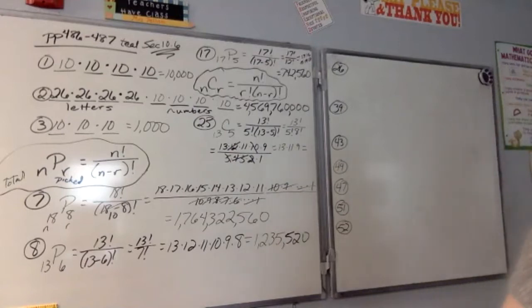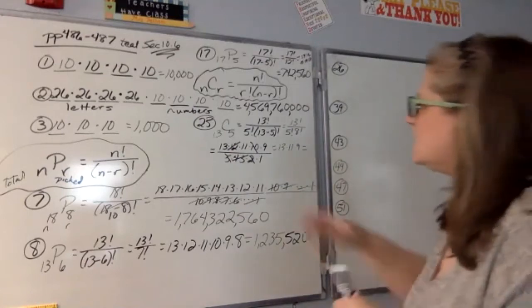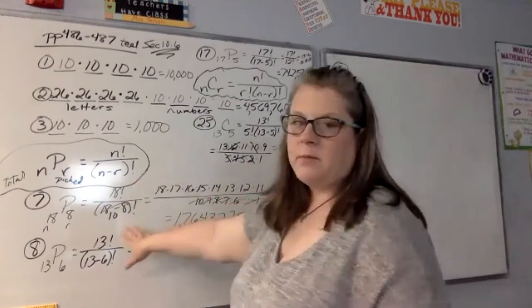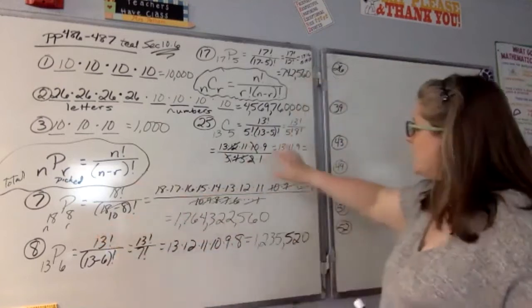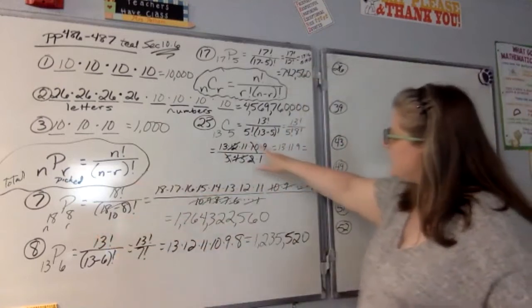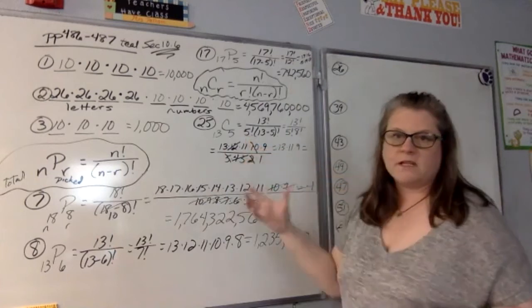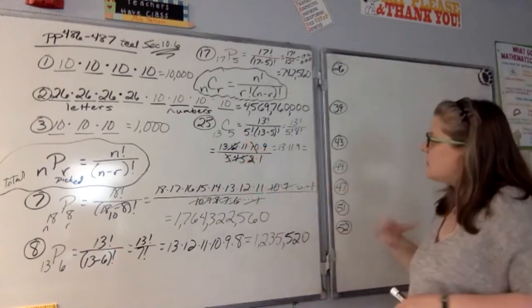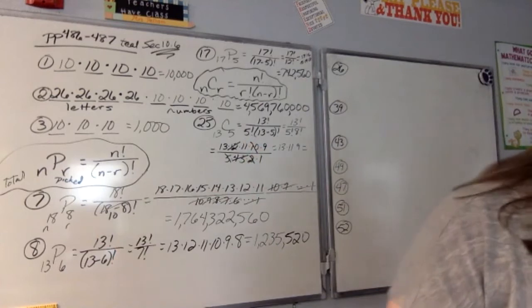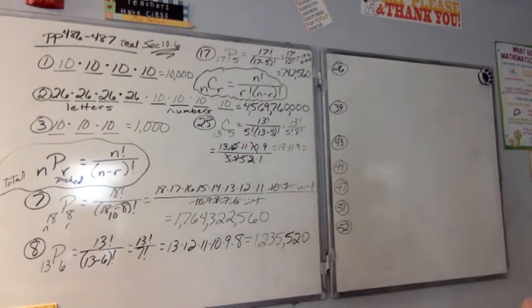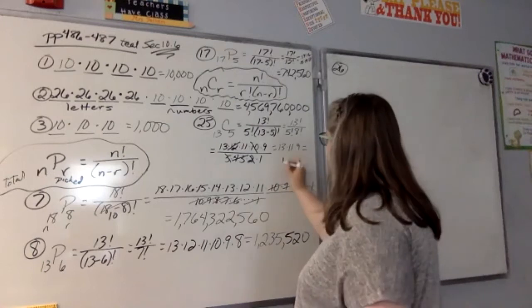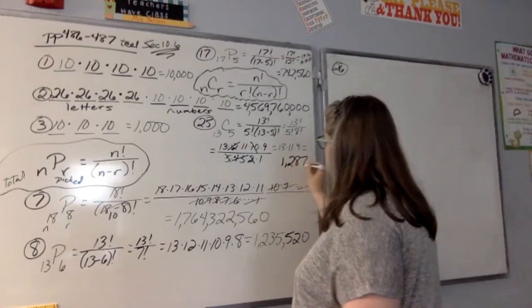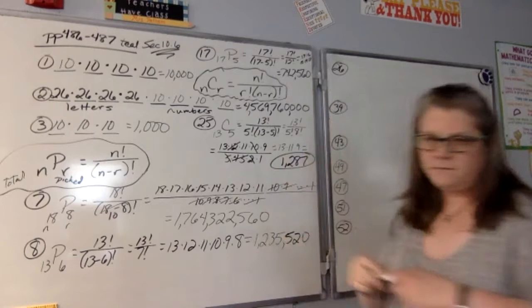So your combination answers are going to be smaller than your permutation answers, because with the combination answers, you're dividing by that extra thing where the order doesn't matter, so you're going to get smaller numbers. So when I multiply the 13, the 11, and the 9 that was left, I only get 1,287 possibles for that one.